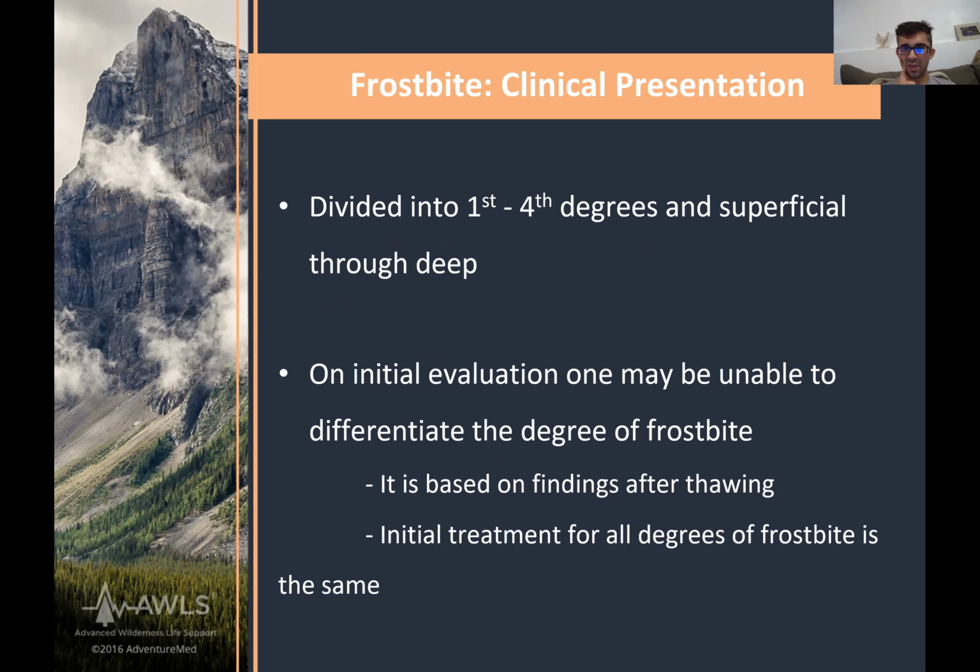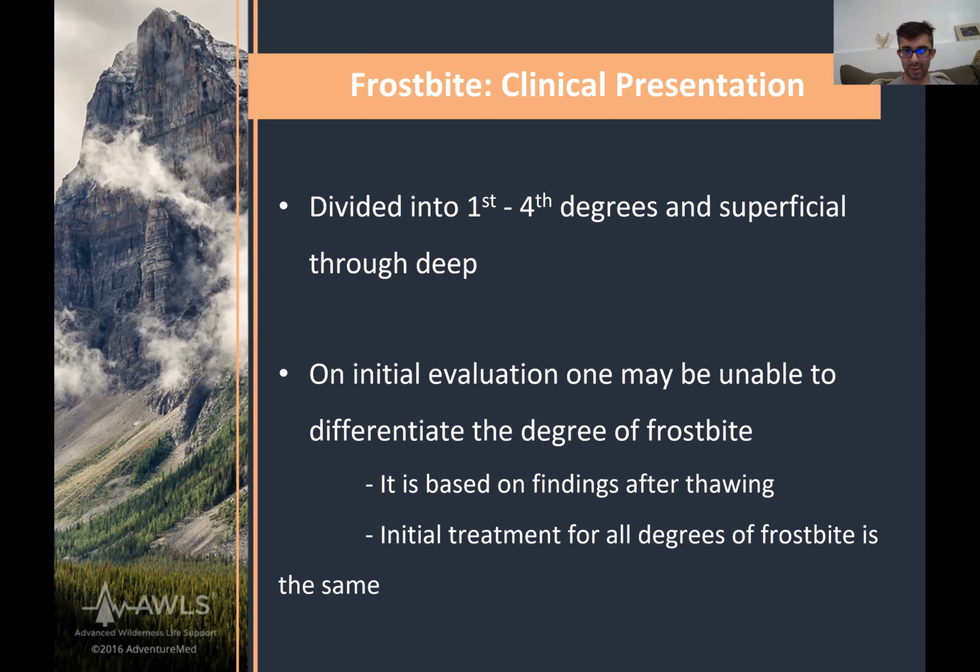Frostbite is divided into first through fourth degrees, as well as superficial through deep. It's initially difficult to determine the staging. It's actually not appropriate to stage until the skin has been thawed, but you're supposed to also have determined this prior to definitive detailed imaging.